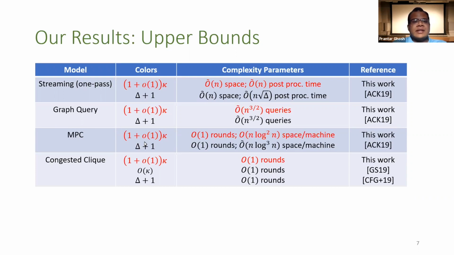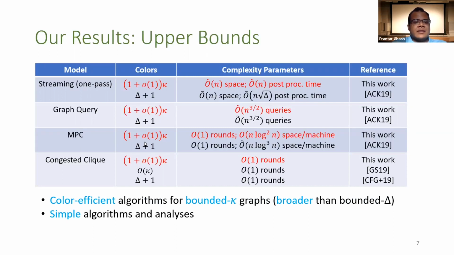And if we look at the complexity parameters like space, time, number of queries, or number of rounds, they remain the same or even better than what prior work has achieved for delta plus 1 colorings in the corresponding models. So our algorithms are color efficient particularly for bounded degeneracy graphs, which is a broader class than bounded degree graphs, for which delta plus 1 colorings are good.